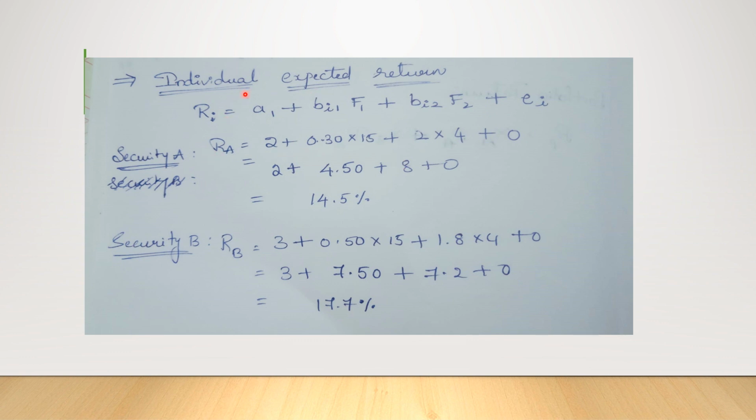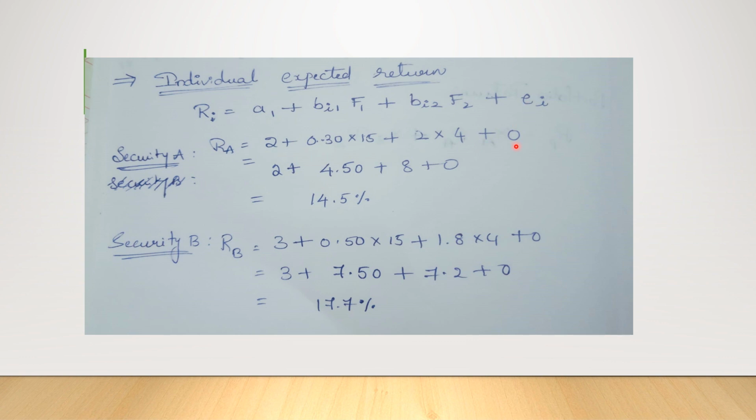Here you have to find it for individual securities A and B. So RA is equal to the values for security A: zero factor risk is 2, plus 0.3 into F1, which is 15, plus the sensitivity of factor 2, that is 2 into 4, plus Ei.